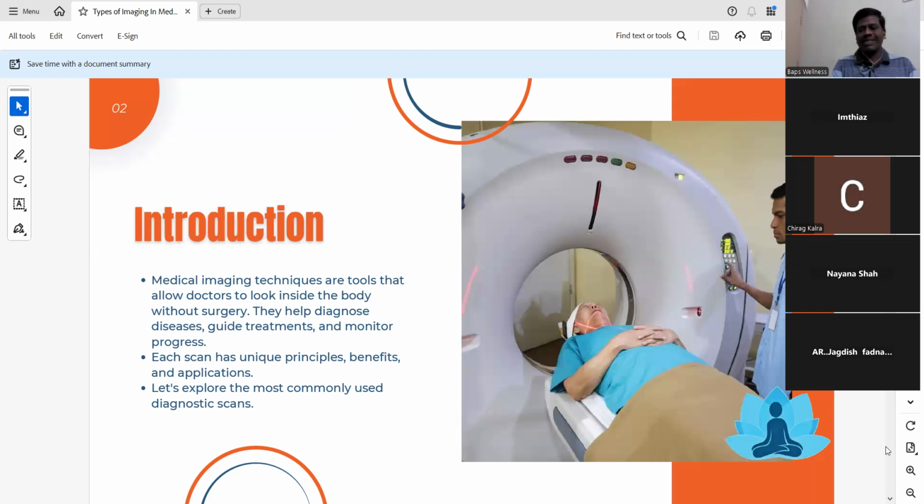So this is inevitable for a doctor or a medical practitioner to know about these methods. What all the methods are available, why they are used, which type is used for what, in that what they are going to see.